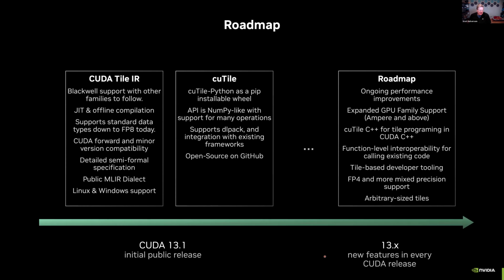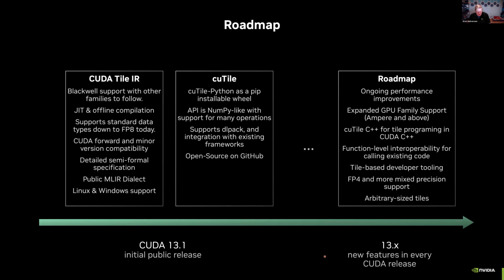Just to talk a little bit about what our roadmap looks like. We require Blackwell right now, but other families to follow. There's just-in-time compilation and offline compilation supported right now. It supports standard data types. CUDA forward and minor version compatibility is included already.